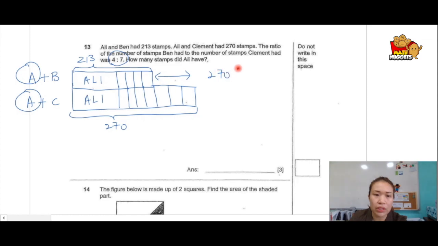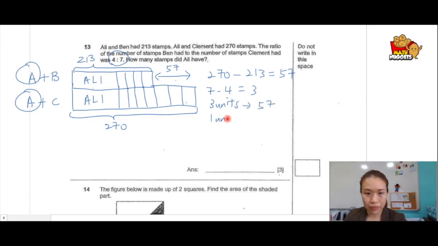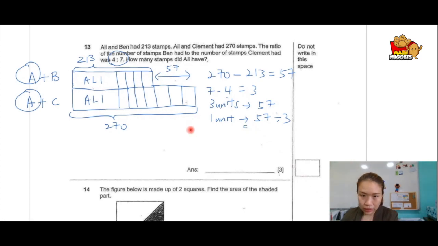Okay, so if you take 270 minus 213, get 57, and that's the difference over here, which actually gives us 3 units, because 7 minus 4 is 3, right? So 3 units is 57. 1 unit will be 57 divided by 3, which is 19.